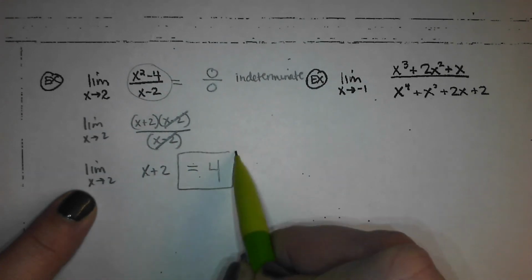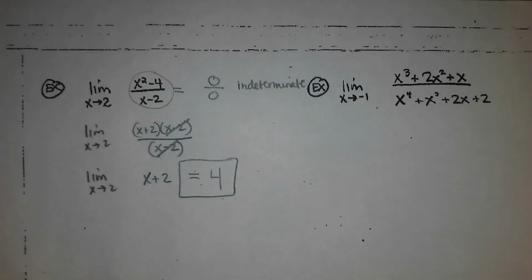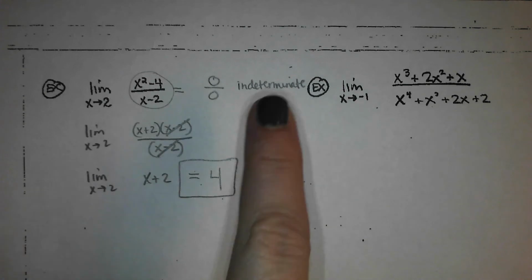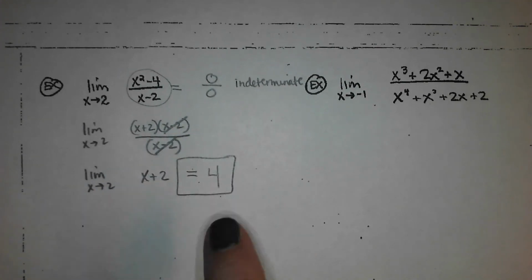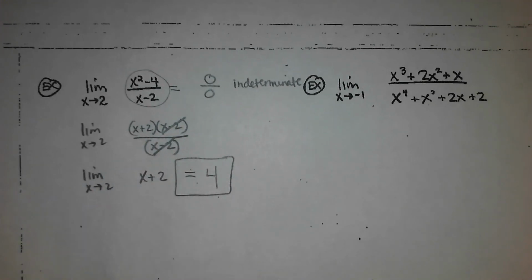That's my answer. The limit of this function is 4. You really shouldn't have to graph it to get that. Directly evaluate. If you get an indeterminate, try to manipulate and then reevaluate, and you'll have an answer. Sometimes you still won't, and we'll get to cases like that.